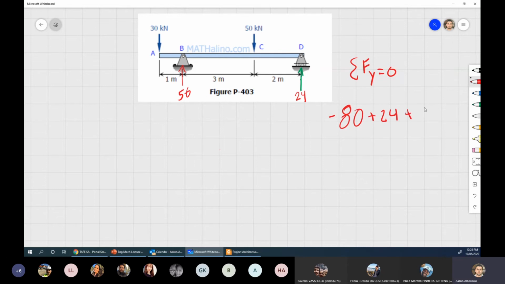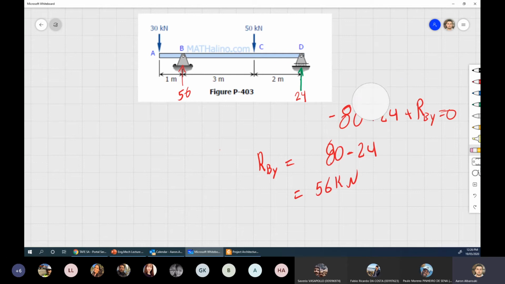Plus I've got R_By, which I don't know yet, equals 0. If I move all of those to the other side, R_By equals 80, changing the sign on the other side, negative 24, and that will be 56 kilonewtons. Okay. So we got our reactions.